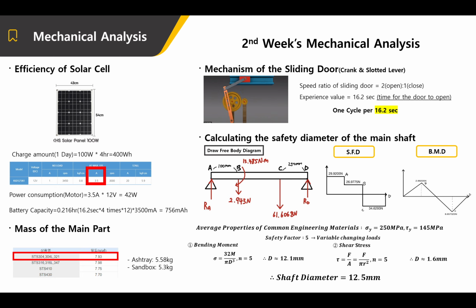The RPM was derived from the cycle of the sliding door mechanism, and the diameter of the main axis could be calculated through the corresponding RPM.